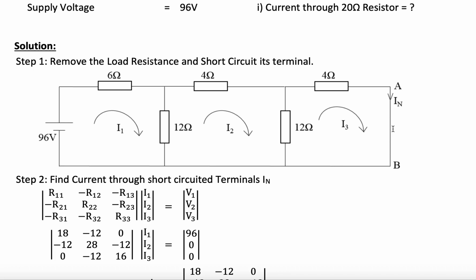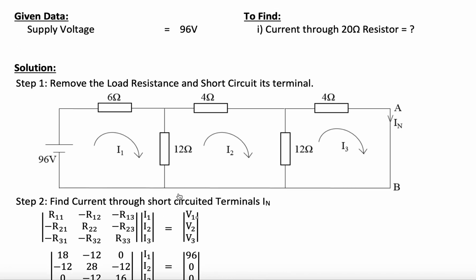You can similarly use source transformation. Nobody is restricting you to do this or that. Let me do it with source transformation. This method you already know. Since a lot of calculations are needed in the other method, I prefer source transformation in this case. 96 by 6 is how much? 16.